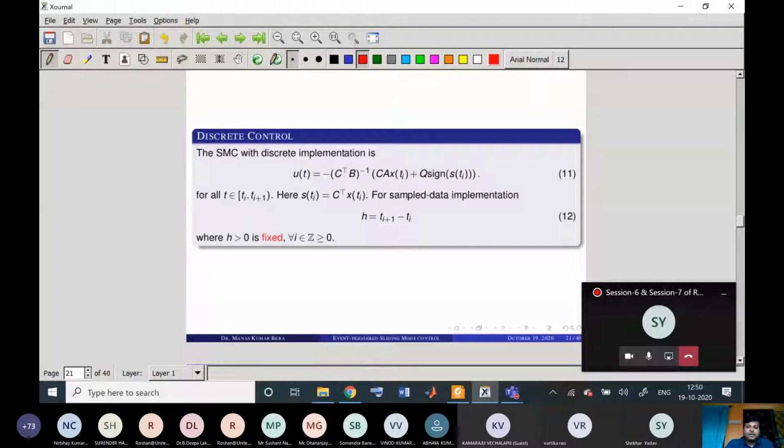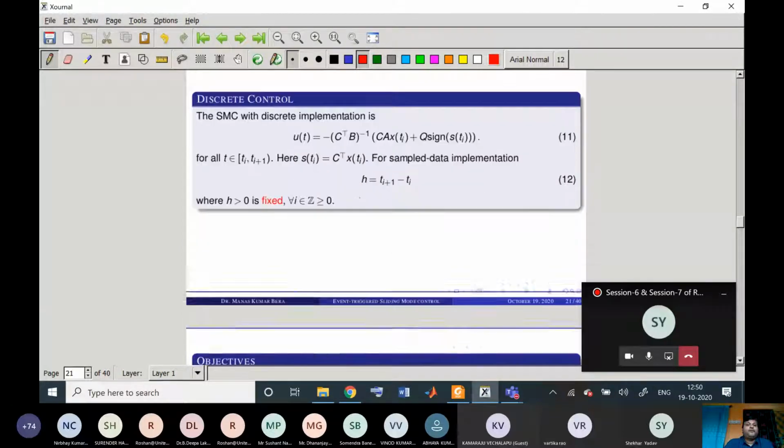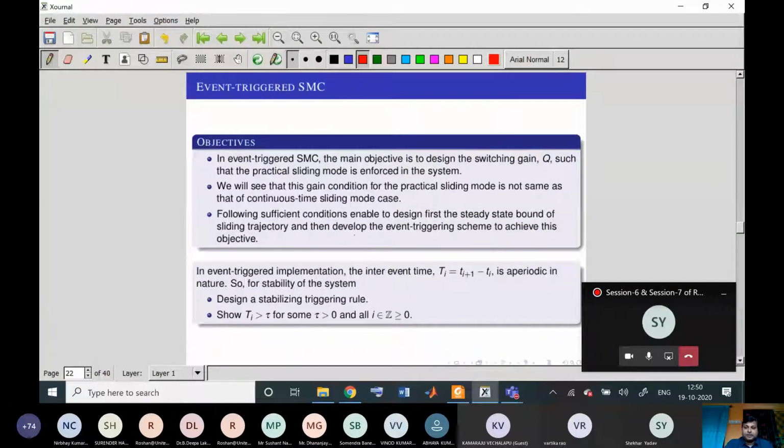For sampled data implementation, h is the sampling period, that is t(i+1) minus ti. If you are going for periodic sampling, then h is fixed. But if you are going to implement this control law in the framework of event triggering, then this h is not fixed. It depends on the triggering instants or the event.